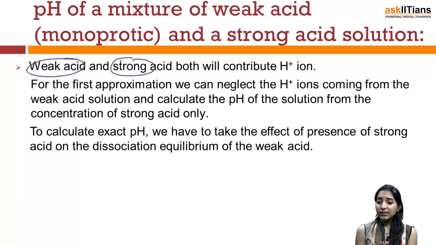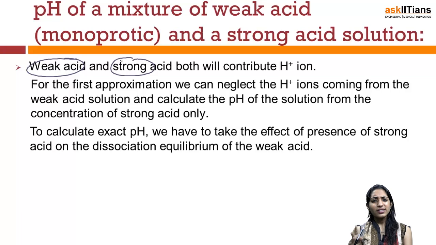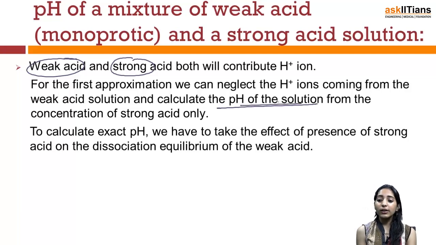So for the first approximation, we can neglect the H positive ions which will be coming from a weak acidic solution, because always we say that if you have a strong acidic solution, the amount of H positive which will be contributed in the solution by the strong acid is going to be far more greater than the amount of H positive which will be contributed by the weak acid. So on a first approximation, you can almost neglect the concentration of H positive given by a weak acid. And thus you can simply calculate the pH of the solution from the concentration of a strong acid only.